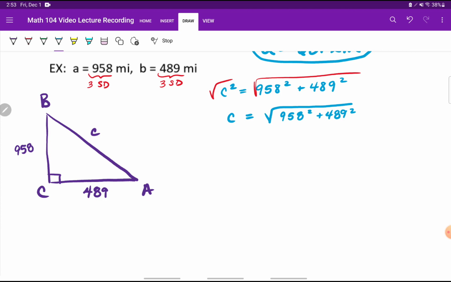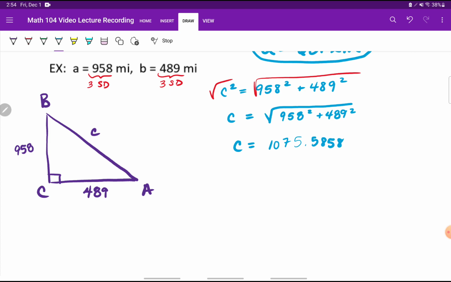Okay, so we get side C to be equal to 1075.5858. And we need to round to 3 significant digits.